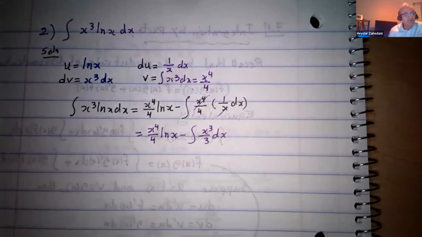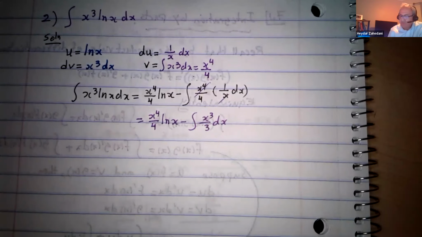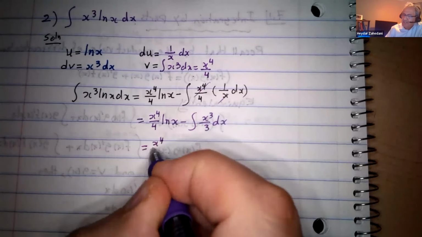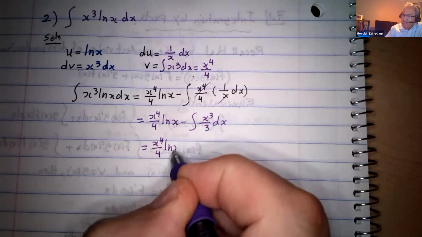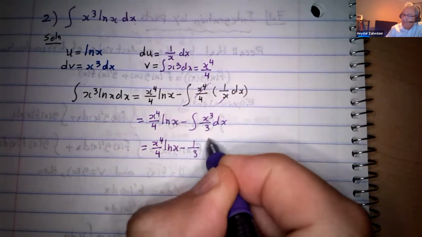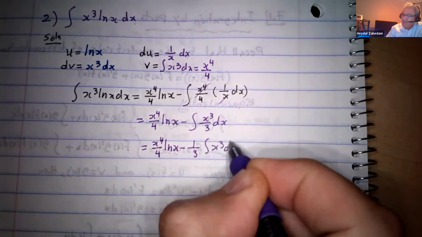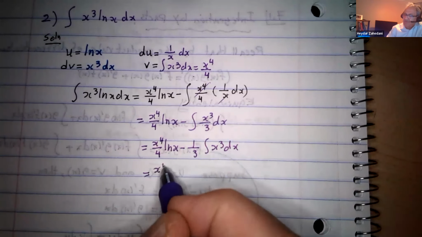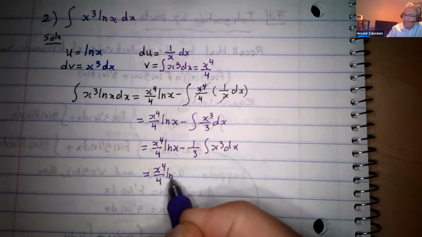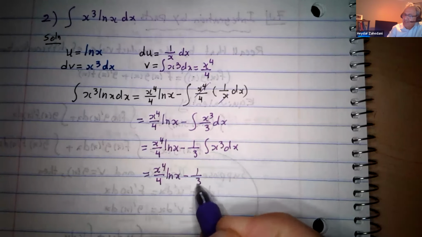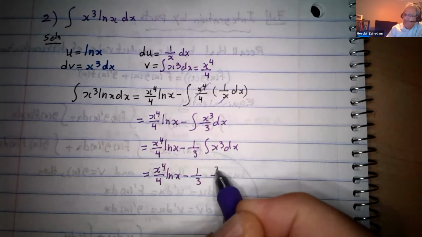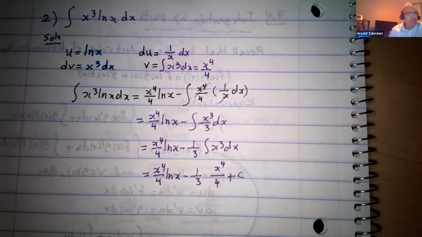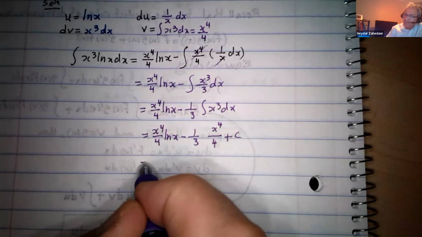Very easy integral to find, because you pull out the 1/4 and you integrate. x to the 4th over 4 ln x minus 1/4 times the integral of x cubed dx. You integrate it, and it's going to be x to the 4th over 4 ln x minus 1/4 times x to the 4th over 4. Now plus the constant.